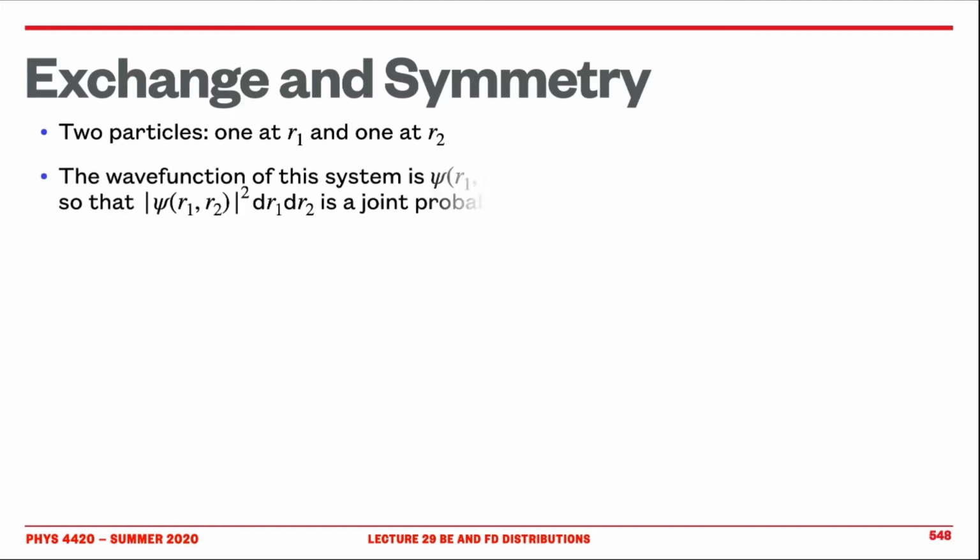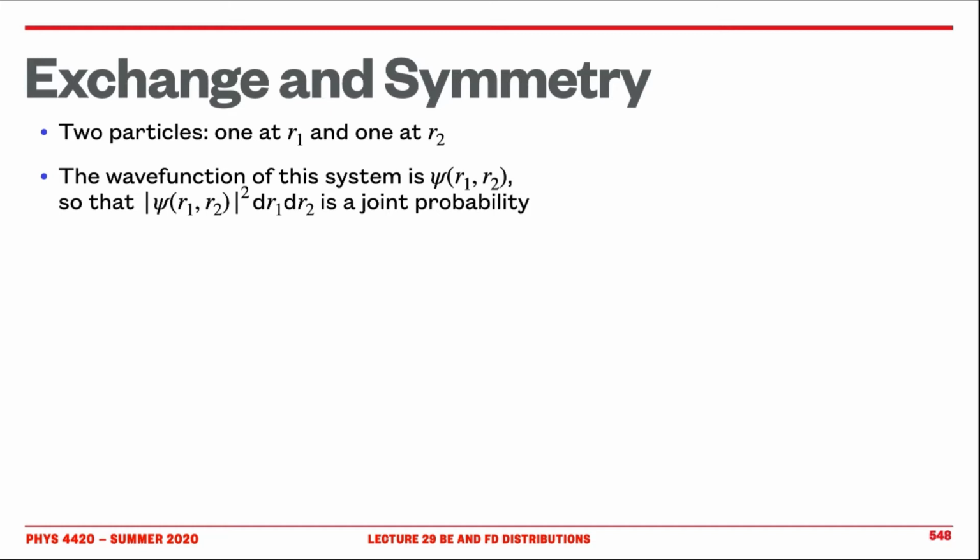We can build a wave function now, which is called a two-body wave function, with two parameters R1 and R2, the first parameter being the position of the first particle, and the second parameter being the position of the second particle. I say this because if we change R1 for R2, the first parameter is still for the first particle, and so on and so forth.